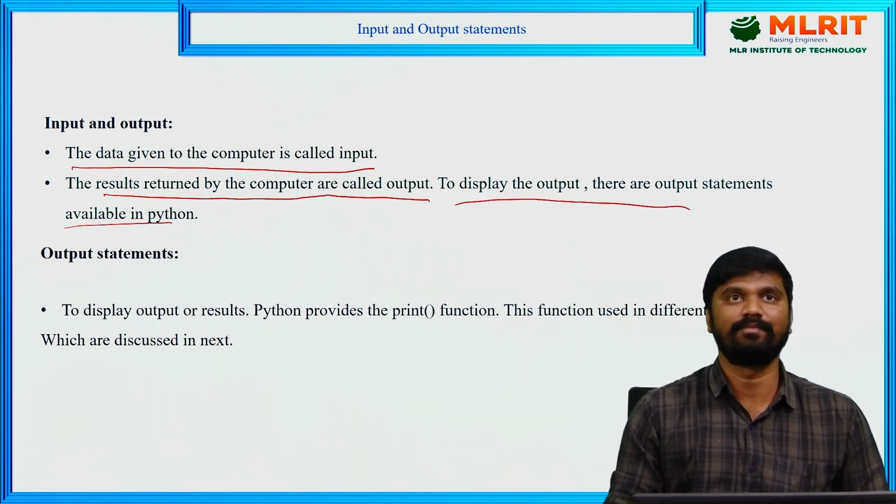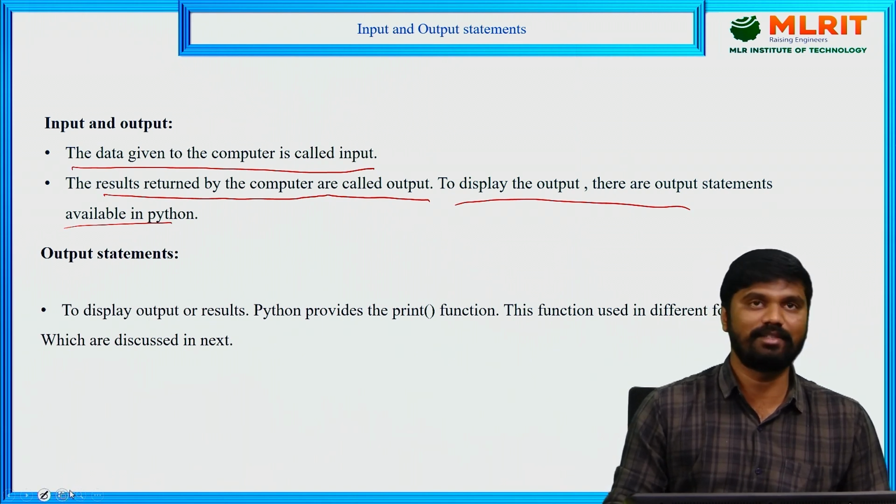To give the input and to get the output, Python provides input statements and output statements. To give the input, Python provides the input statement, and to get the output, Python provides output statements.